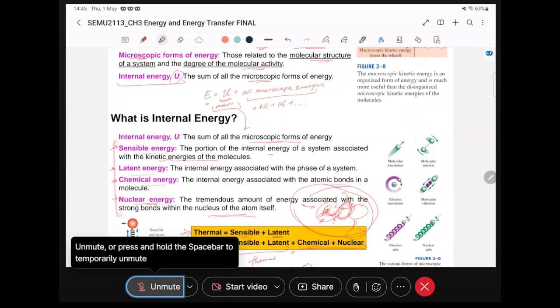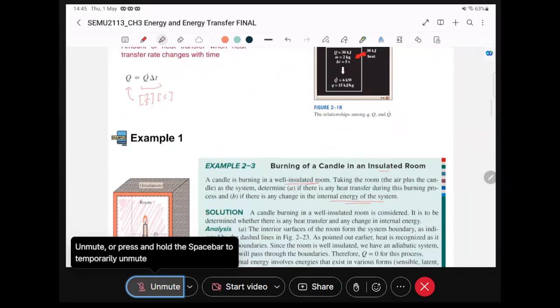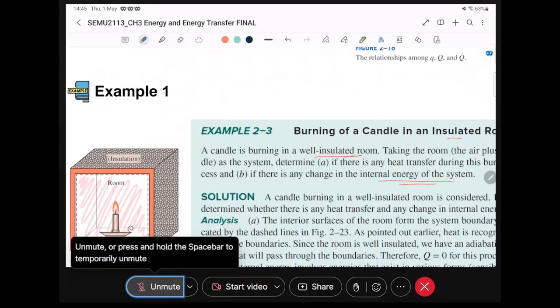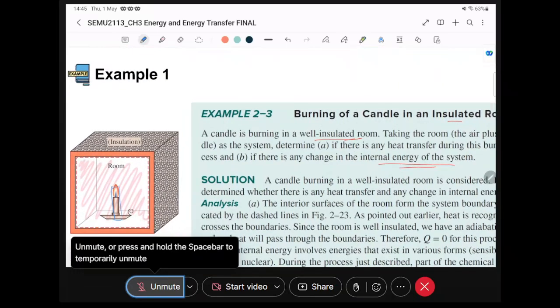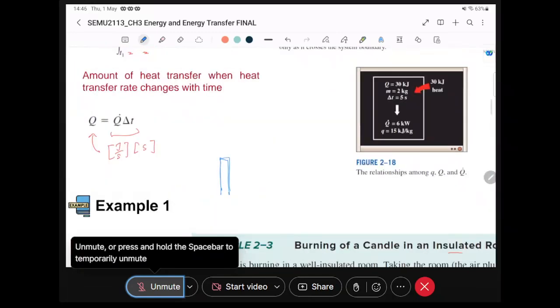Okay, so what happened is inside the room, the air gains energy. Maybe I can explain it this way. If we're taking the system boundary as the candle only, the candle itself is the system boundary, then yes, there is a change in internal energy in the candle because there is heat transfer into the room.